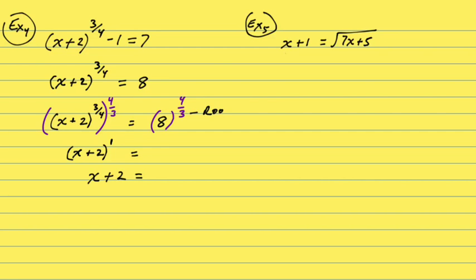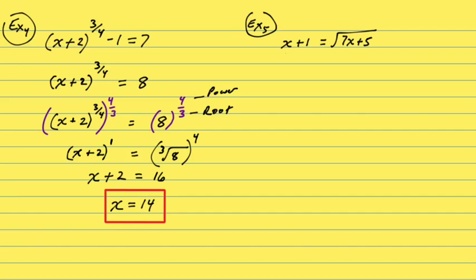Again, it's power over root. I always recommend you do the root first because it makes the number smaller. The third root of 8 is 2, and 2 to the 4th is 16. So when you subtract, you should get your answer to be 14. Let's check. What is 14 plus 2? 16.